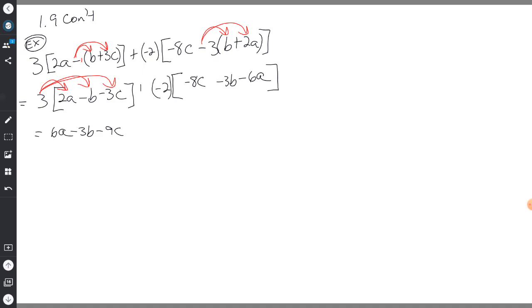We have that -2 on the outside. And then what? So we're taking that to everything. So for the first term we get what? Positive, right? So let's put plus 16c. So plus 6b.